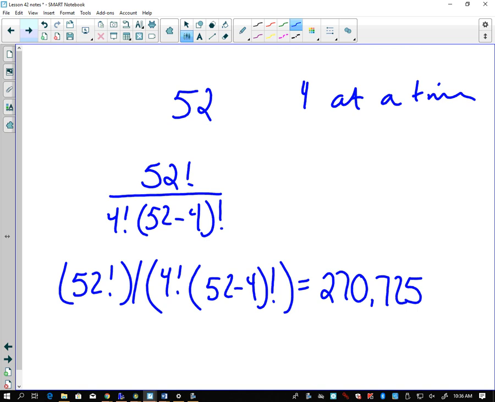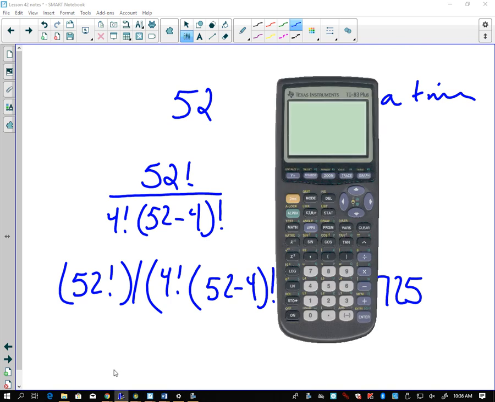That is correct. Okay. I want to show you something else that your calculator will do, if you know it's a combination. We have something called nCr. So I can write 52, math, nCr, 4.